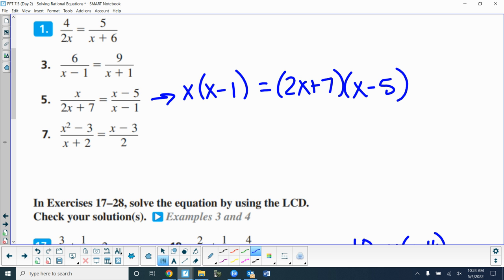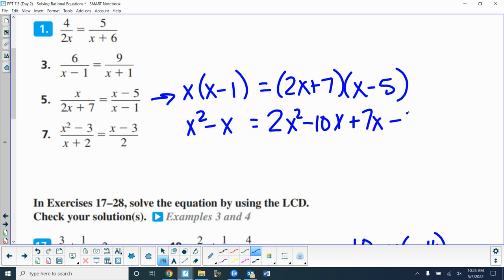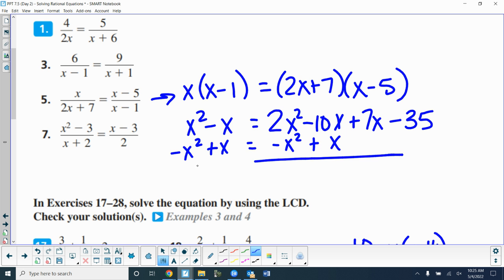Okay, so when I distribute the x, I get x squared minus x. When I FOIL this, I get 2x squared minus 10x plus 7x minus 35. All right, I'm going to subtract the x squared and add the x to get these together. And so it's equal to 0.